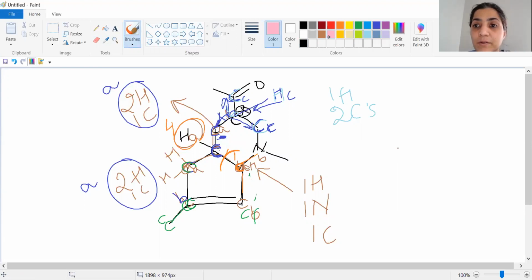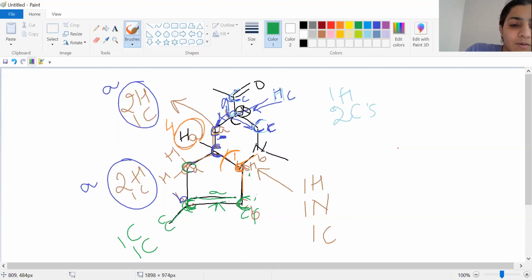Okay, so do not worry about that. So on this particular atom B, I have one carbon here and one carbon here. But I want you to remember this carbon and this carbon are double bonded. So there's a sigma bond and a pi bond. So I would not say this is attached to just one carbon. I would say it is attached to two carbons.